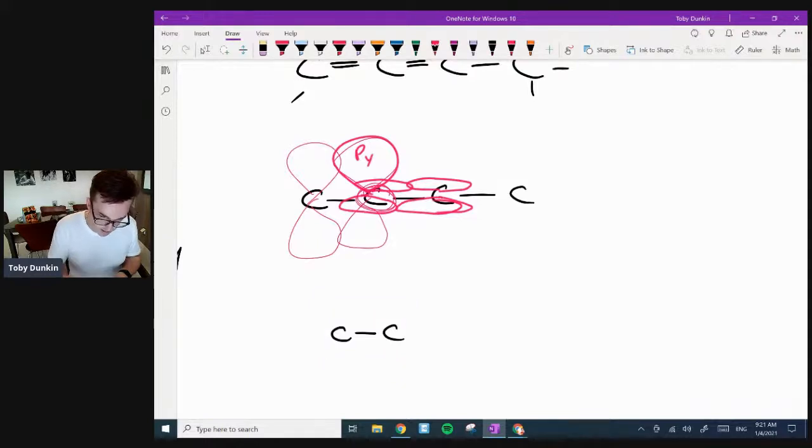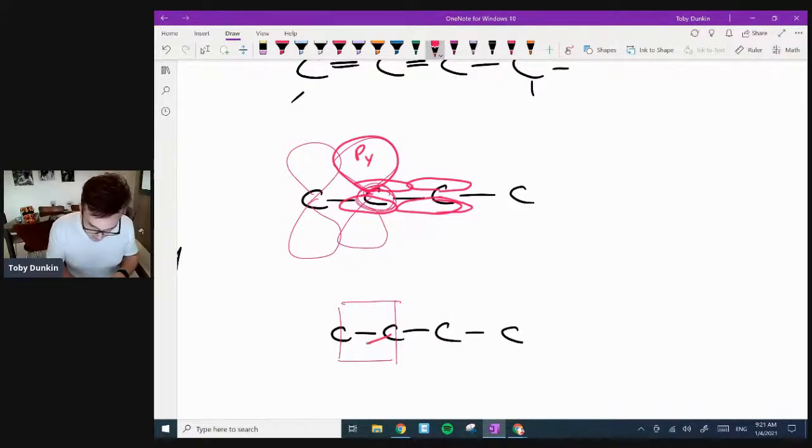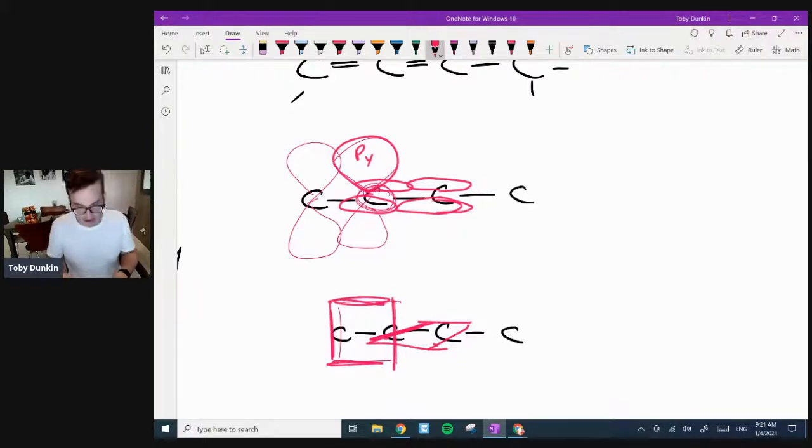You have a vertical overlap between these guys, and then in the next carbons, you have a horizontal overlap through that way. So these overlaps are literally opposite to each other. If I do that with my hands, this is where the camera comes in handy. One's doing this and one's doing this. So one's in a PX, one's in a PY, the next one is in a PX. So they can't link together.